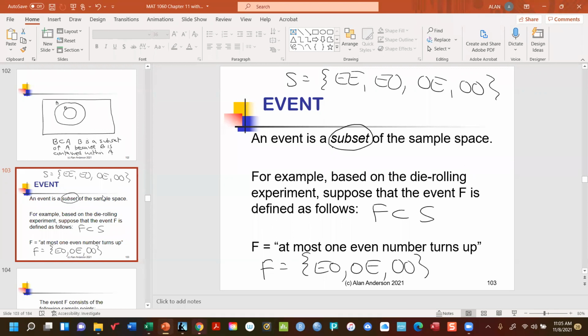Each one of these has a probability of 1/4, as we discussed. Since F contains EO, OE, and OO, why don't we just combine the probabilities of those three outcomes? Okay, so let's do that. On the next slide, that's exactly what we're going to do.